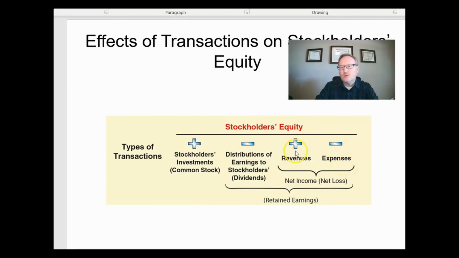So this net income, what we used to remember, I talked about the P&L, the income statement, the profit and loss. If I make money, it increases my equity. If I lose money, it decreases my equity, right? Now, there's one other thing on here that we haven't really talked about, and that is, what if I take some money back out?